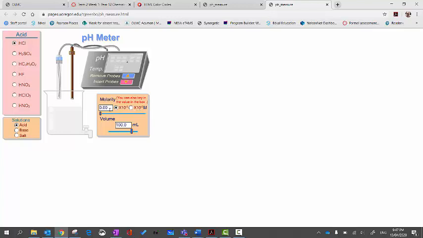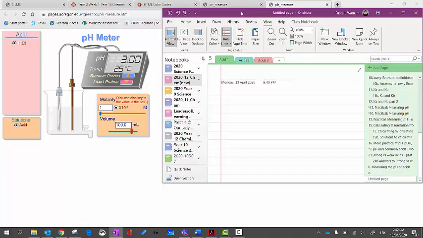So if we want 0.001, the way you actually need to enter that is 1 times 10 to the power of minus 3. Okay.